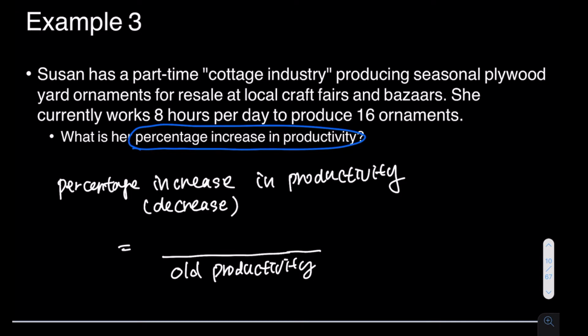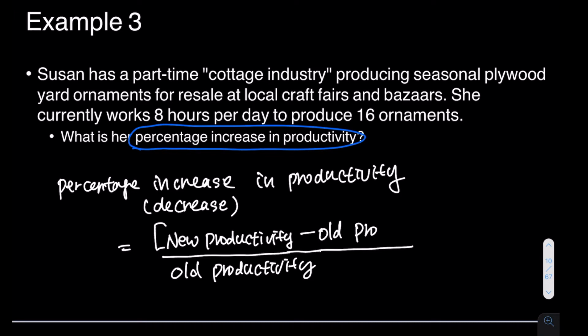Compared to this old productivity, what do we want to measure? Just the new productivity? No, the difference. So when you have new productivity here, you want to see the difference. So from new productivity, you subtract old productivity.